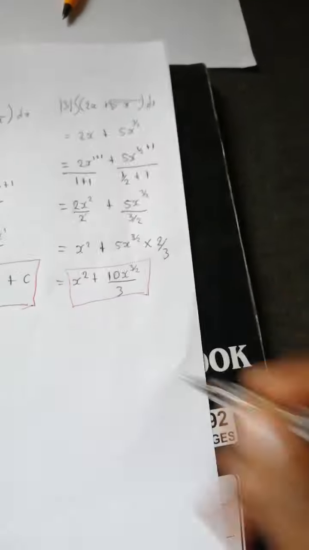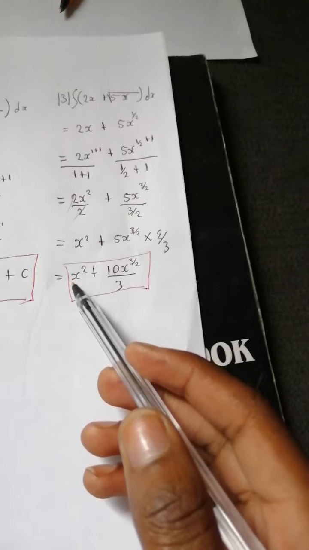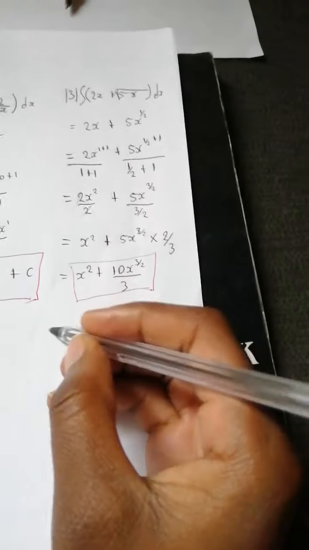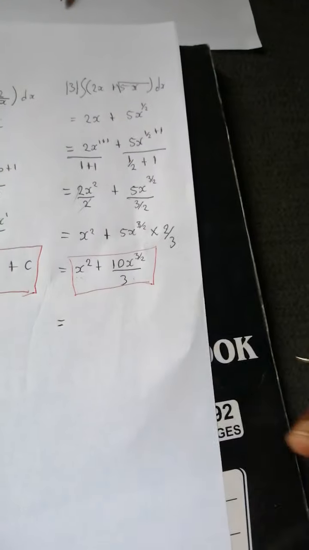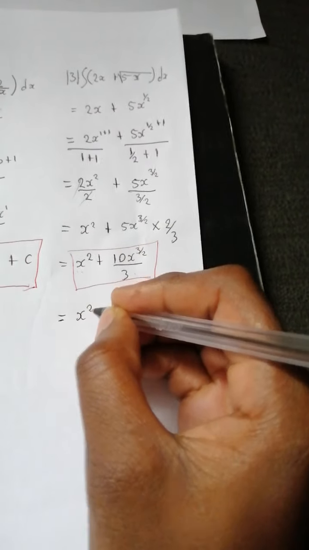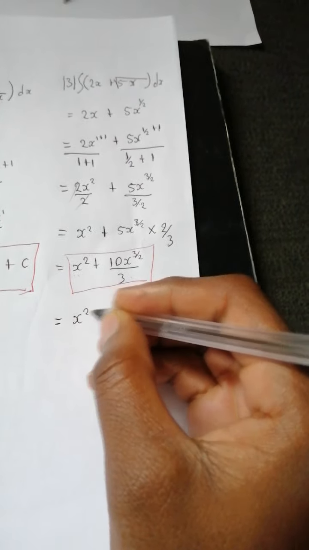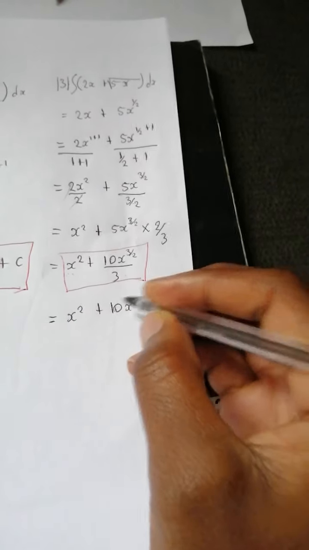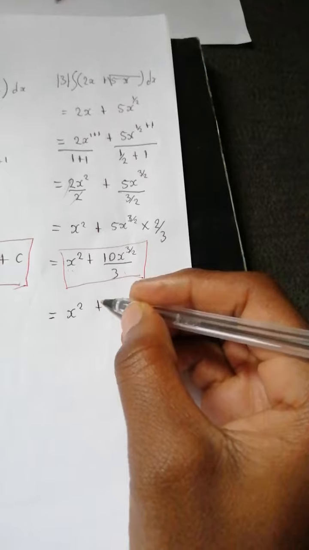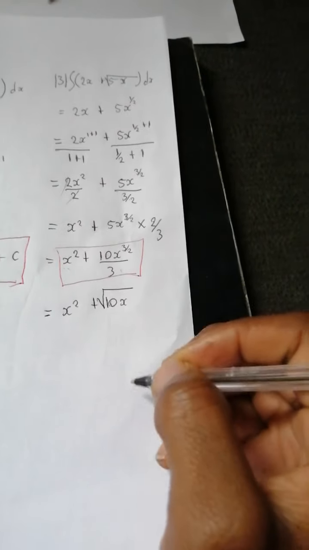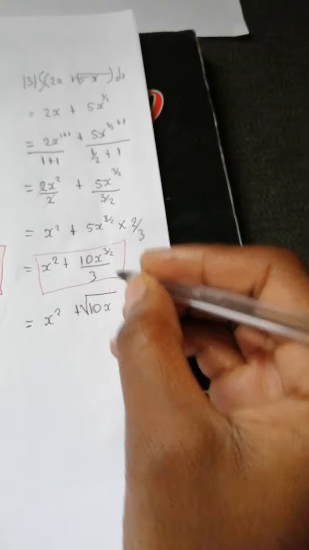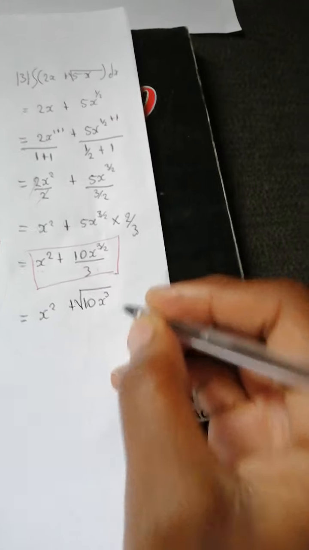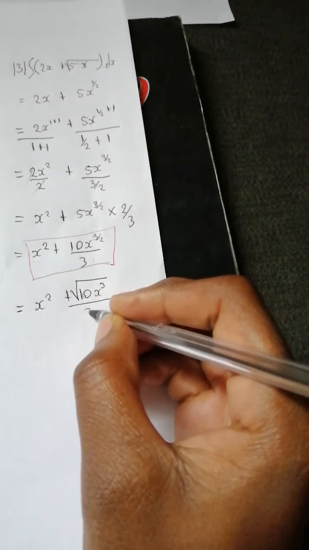You can just present your answer like this if you want, but you can go further to show your intelligence by writing it like this: x raised to the power 2 plus 10x to the power 3 over 2 becomes the square root cubed, and then the 3 comes here, over 3.